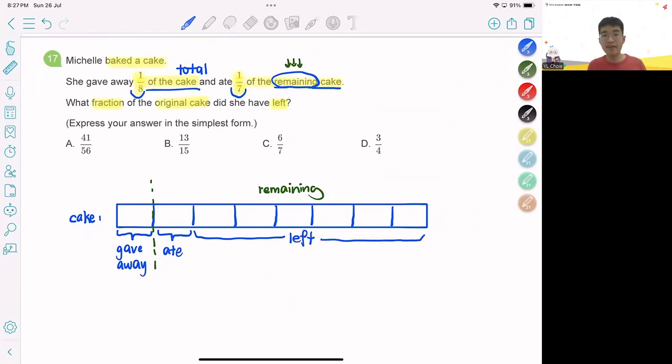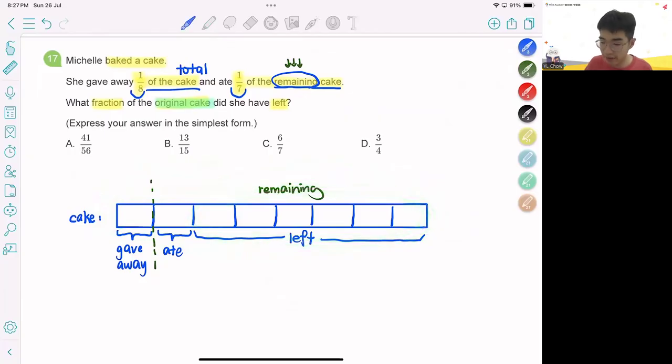Now that we have drawn the model, we can look back at the question. What fraction is she asking? It's asking for the fraction of the original cake. So original cake means the entire cake at first. At first, the entire cake has 8 units. The leftover portion is 6 units.